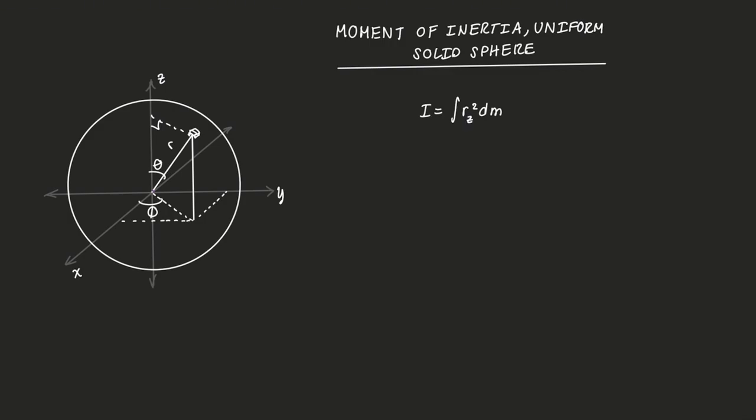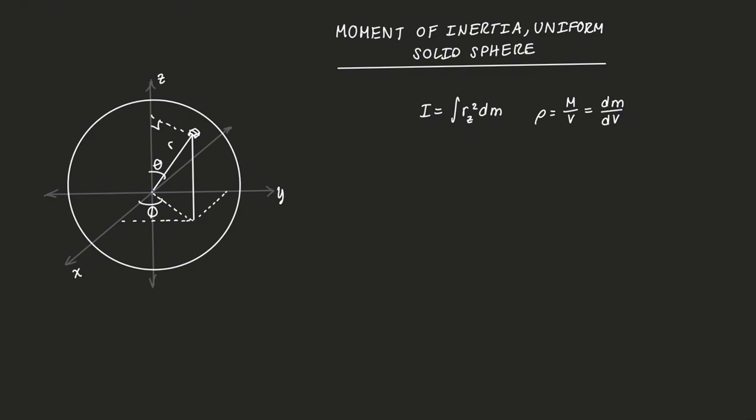And so the next step is to replace this dm in terms of density and volume. Because it's a uniform solid sphere, we can write that density is equal to mass divided by volume, but we can also write that it's equal to dm by dv.